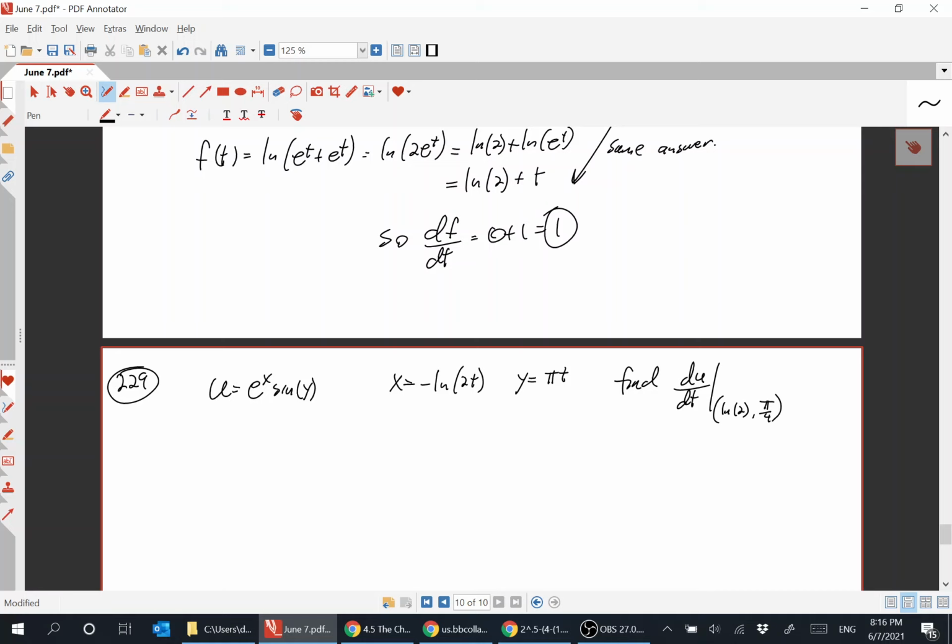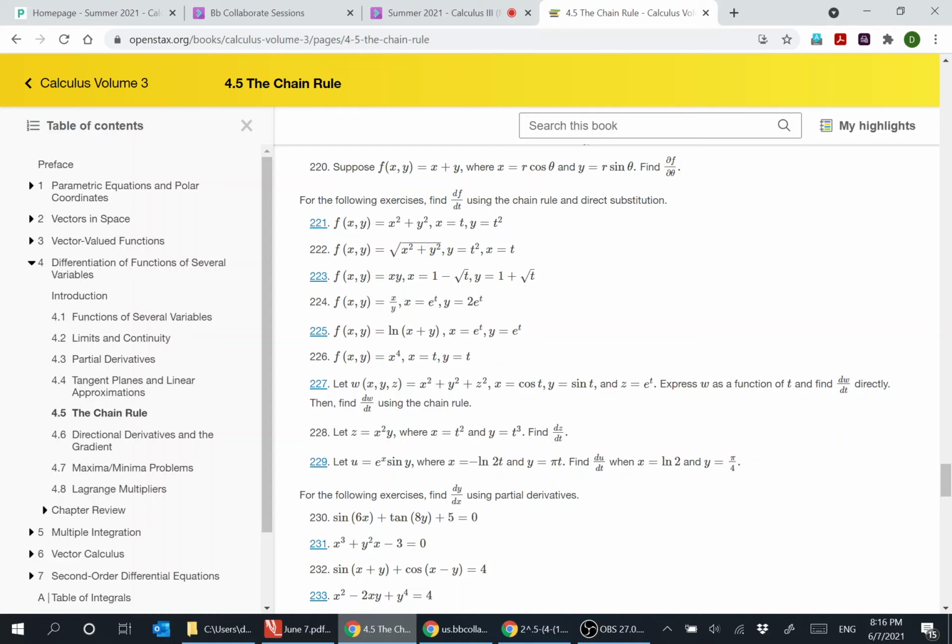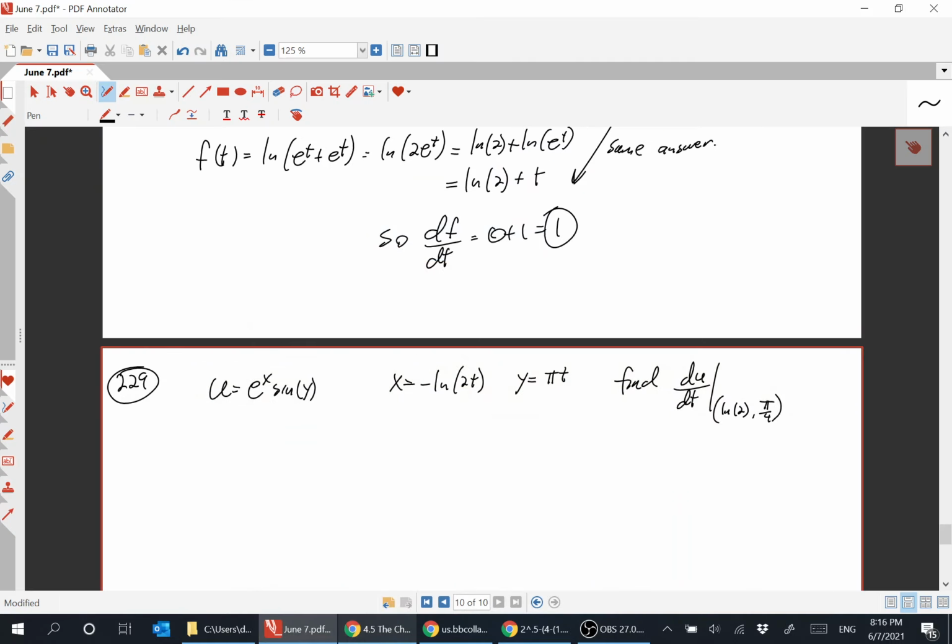Right, so x is natural log of 2 and y is pi over 4, but there's something wrong here. Oh, I see. So what value of t do we get here?